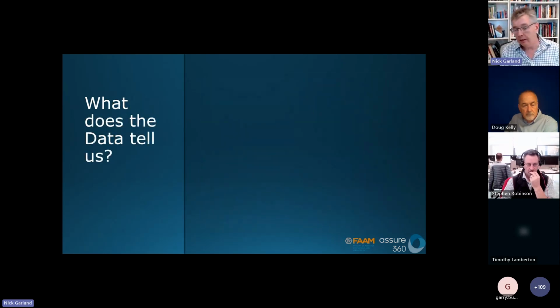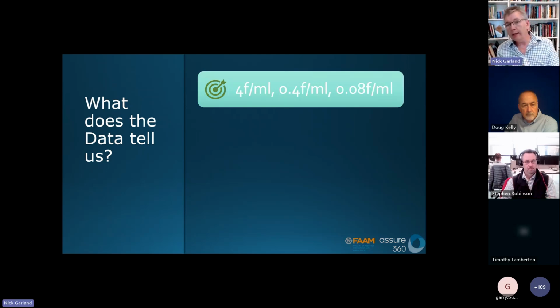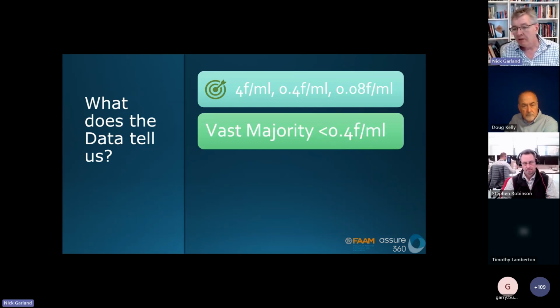What does the data tell us? Well, if we look again at the targets, so after the protection factor, 4 fibers per milliliter current control limit, 0.4 European OEL, and 0.08 is the proposed in a couple of years. The vast majority of those 9,000 air tests, those personal monitoring, are actually below the 0.4 fibers per milliliter.